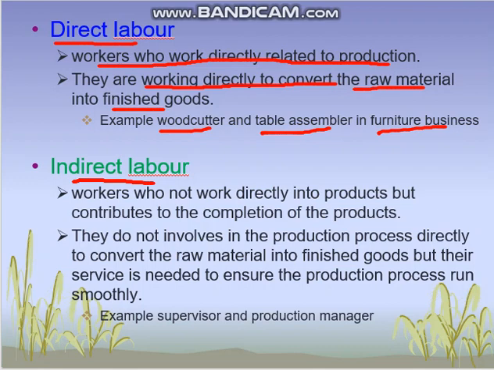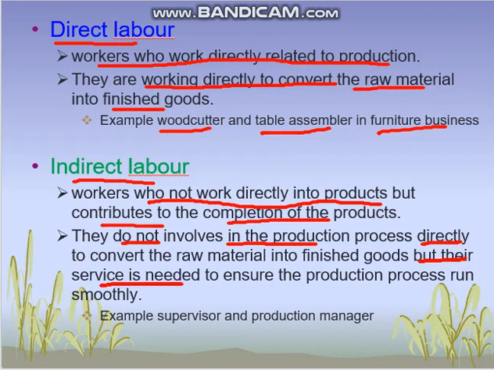Next, what is indirect labor? Indirect labor is people who are not directly involved in the production, but they still contribute to the completion of the product. They are not involved directly, but their service is needed to ensure that the production process runs smoothly.